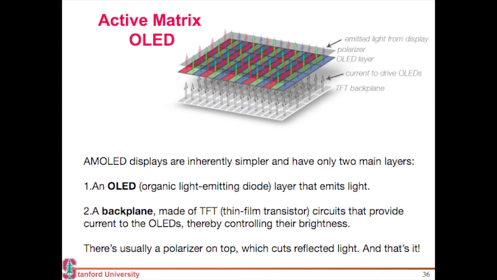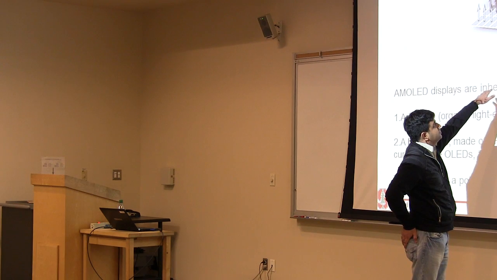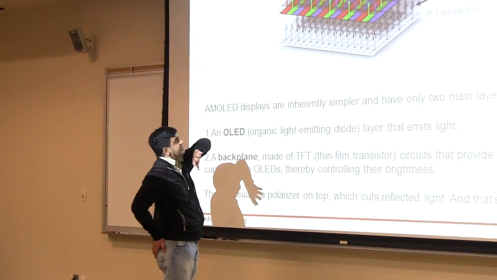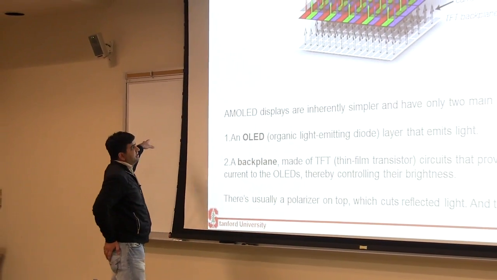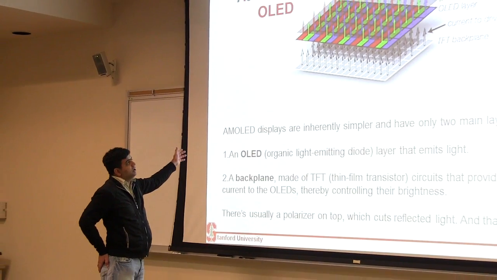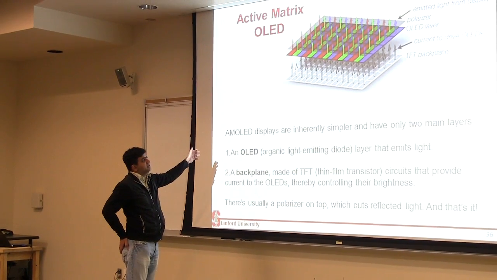One is related to your TFT backplane. So it has one layer which is full of these transistors which control the voltage and current to each of these LEDs. And the top layer is very simple again. It's just these three OLEDs of different colors, and that's all.